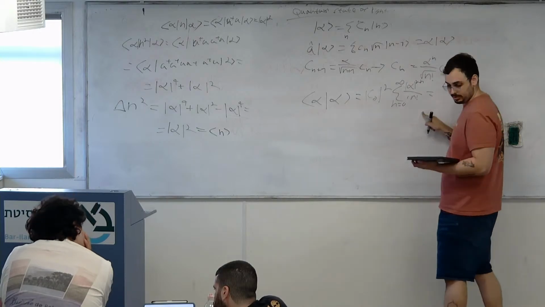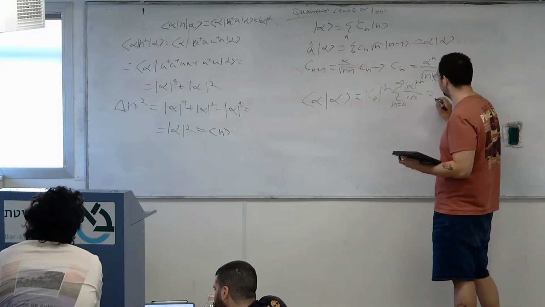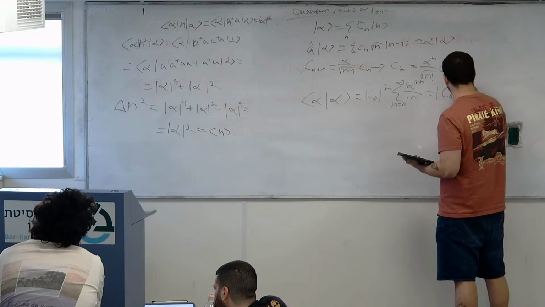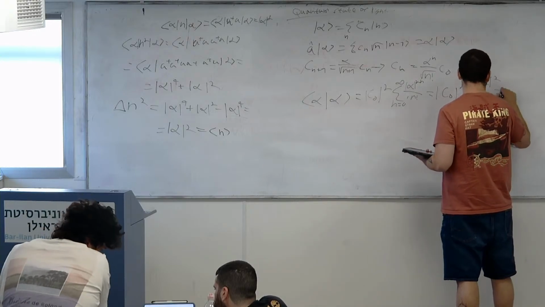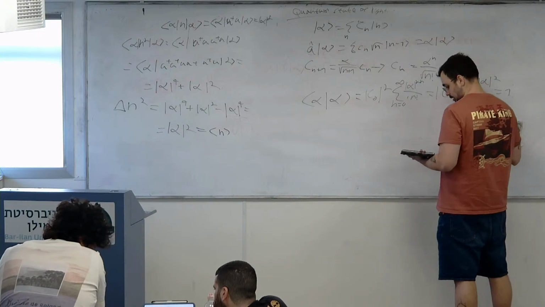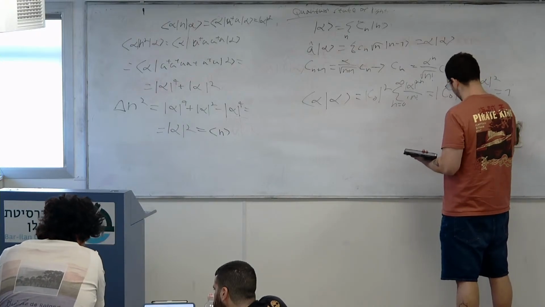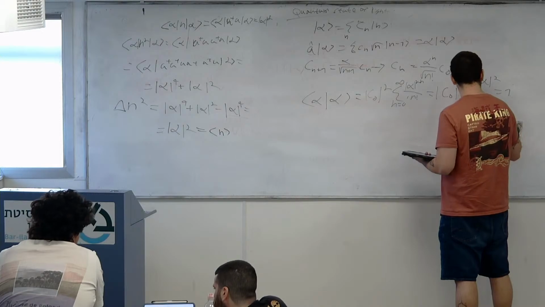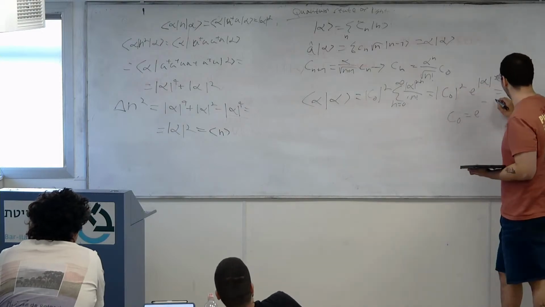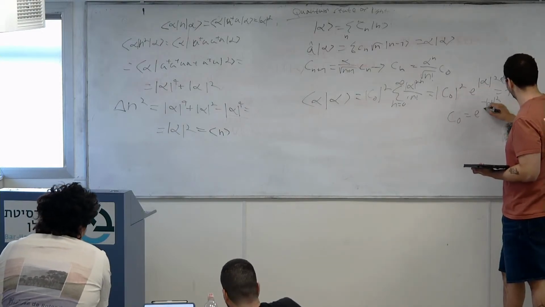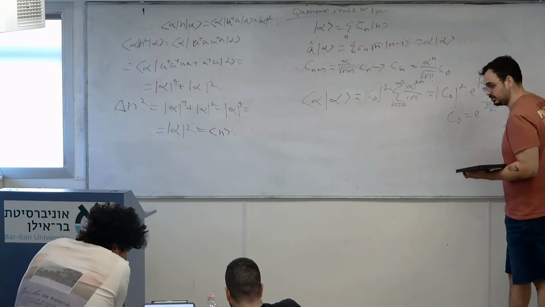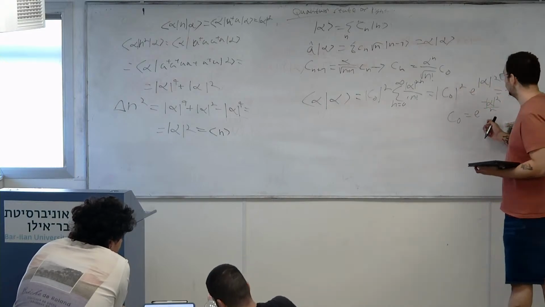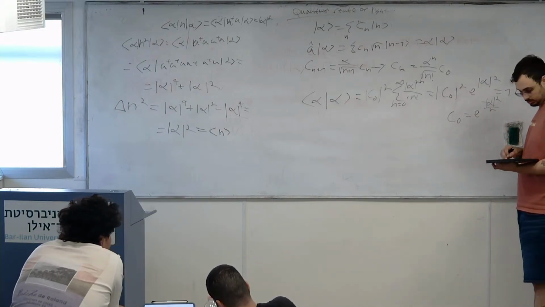This sum is just an exponential, so it's C0 squared e to the absolute value of alpha squared equals 1. C0 equals exponent of minus absolute value alpha squared divided by 2. I think there's a missing minus divided by 2 in your notes. Yeah, there is. Oh, okay.